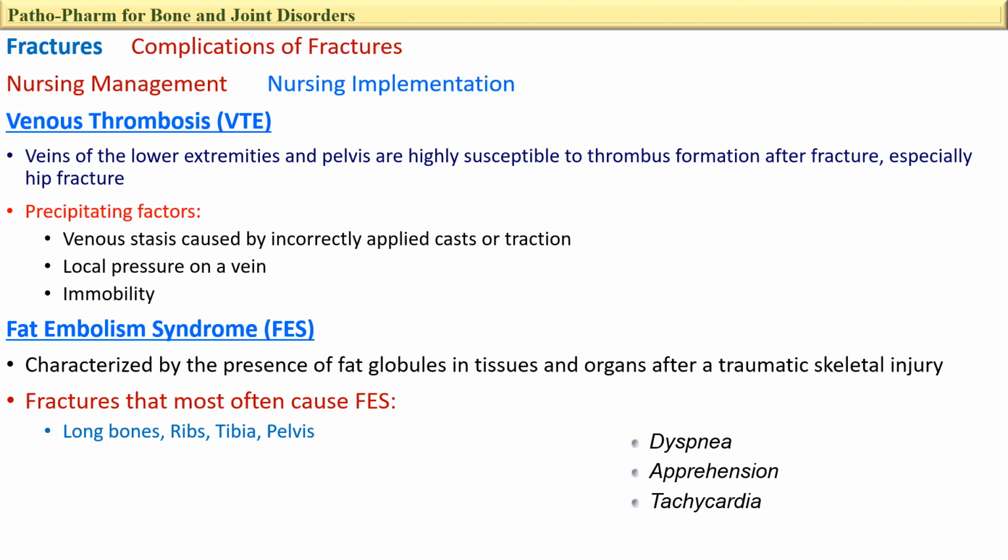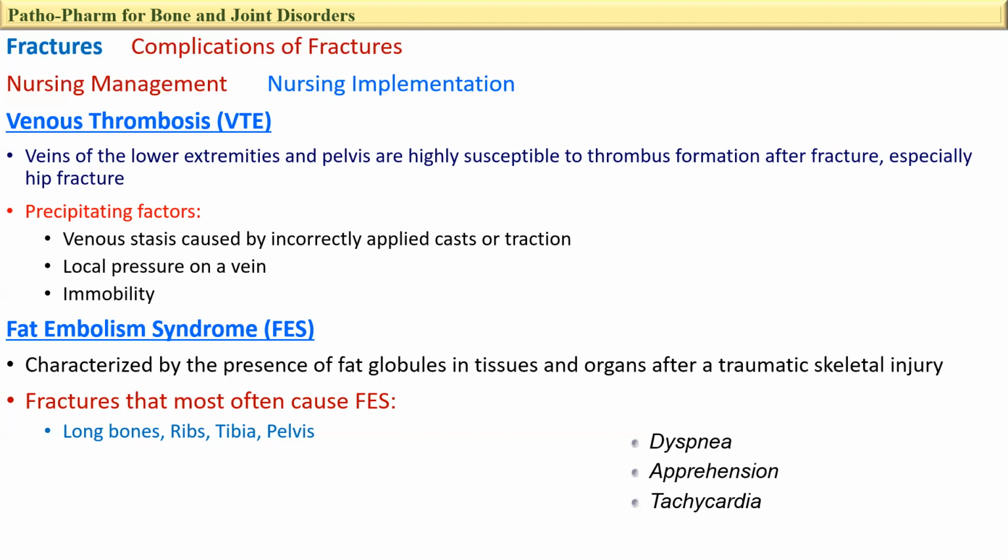One of the theories is that the fat globules, the fat molecules, from the bleeding from the fracture, will enter the blood vessels, and that will result in fat embolism.